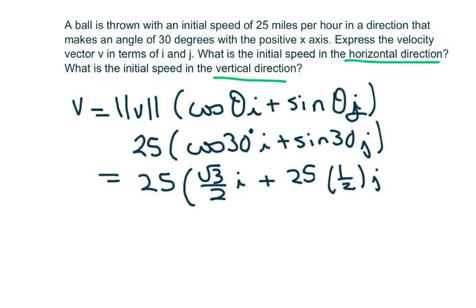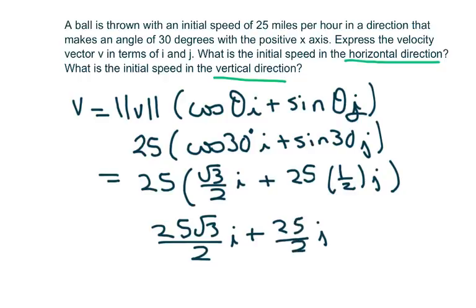Now what we end up getting is, we distribute, 25 root 3 over 2 i plus 25 over 2 j. So the initial speed in the horizontal direction is 25 root 3 over 2, which is approximately, if you use the calculator, 21.65 miles per hour.